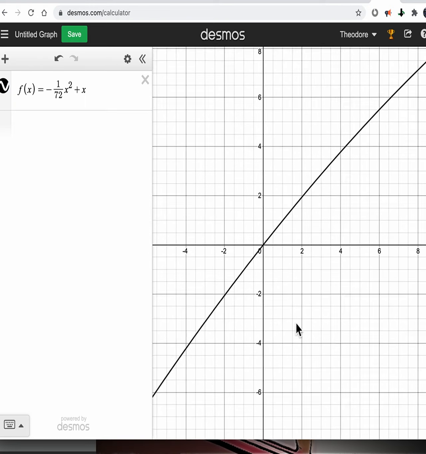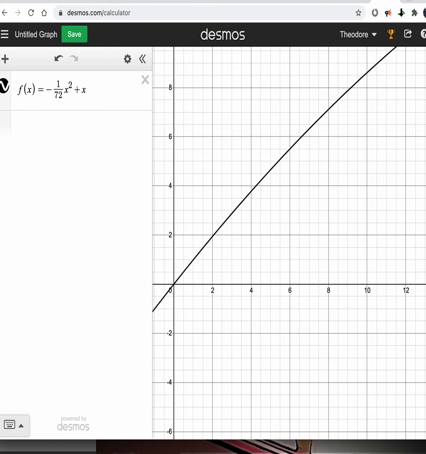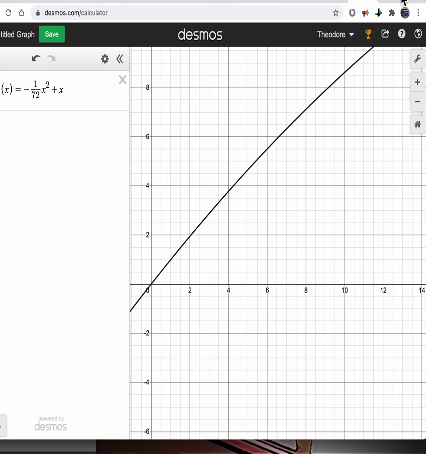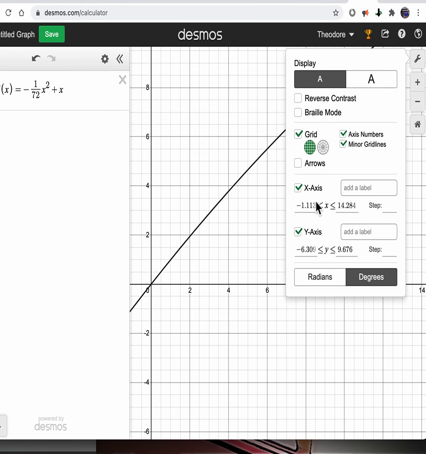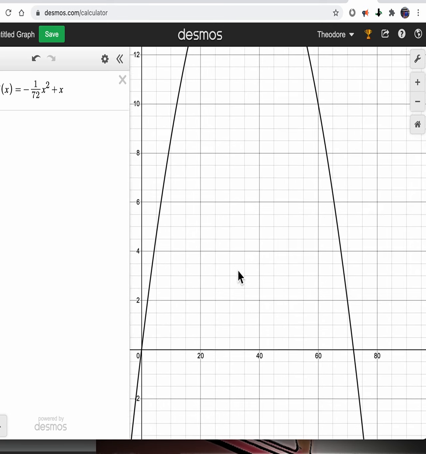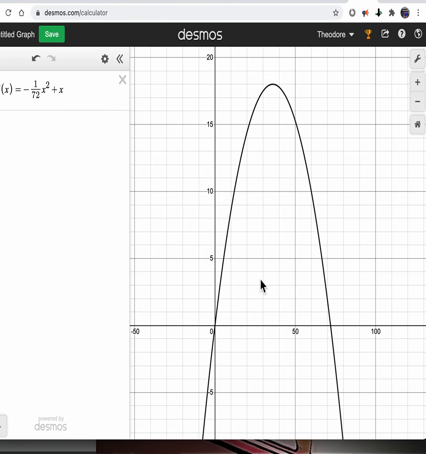All right, now in terms of a domain and range, could be better. So I'm going to adjust my window here. I don't really need too much negative. I mean, that -1.113 isn't really hurting anyone, so let me go out to like 100. Now we're looking at something a little bit more reasonable.